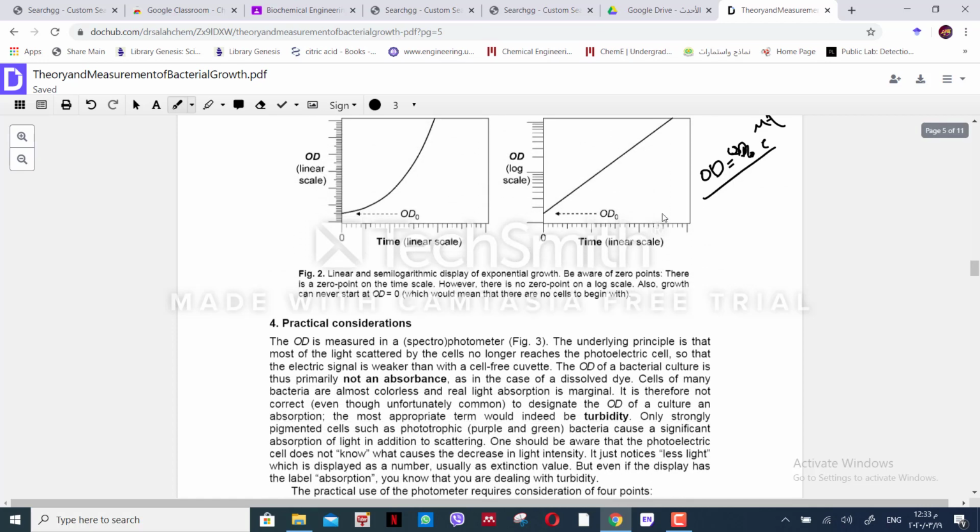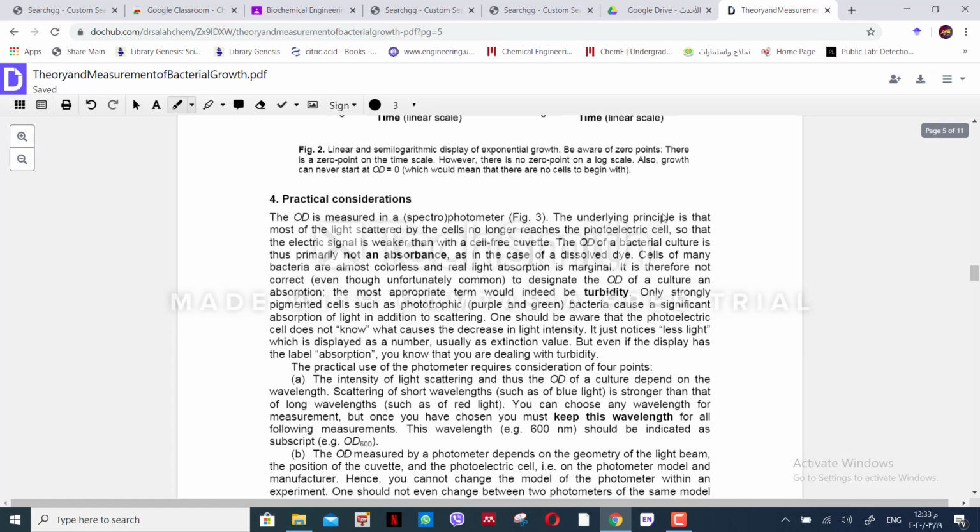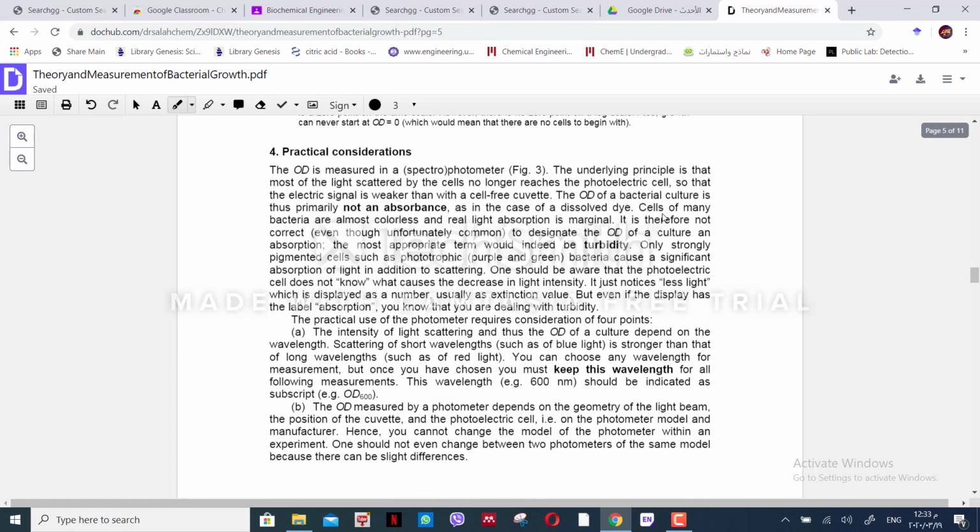So in a practical consideration, optical density is measured in a spectrophotometer, which we will see in figure 3. The underlying principle is that most of the light scattered by cells no longer reaches the photoelectric cell.